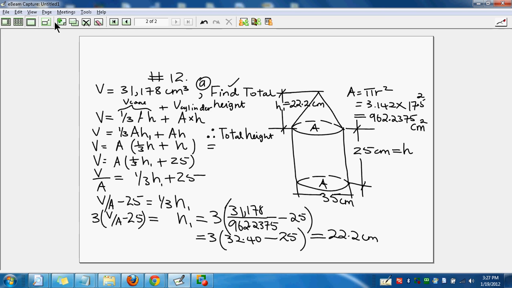So that will be equal to 22.2 plus 25. And that answer will be in centimeters. So that final answer there will be 47.2 centimeters. Right? That will be the answer for part A.